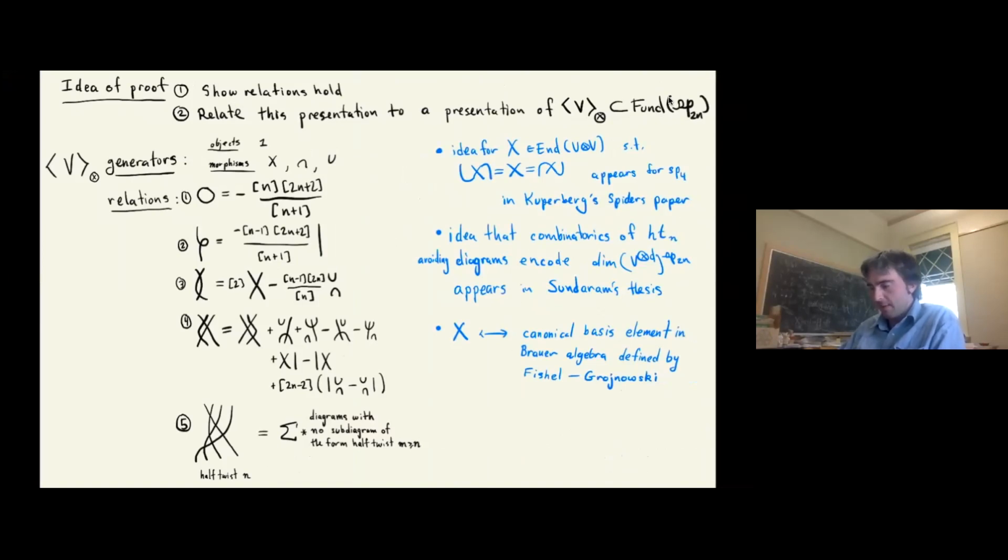The other thing is that in the BMW algebra, there's an idea from this paper of Fischl and Gronowski about a canonical basis, kind of an analog of the canonical basis for the Hecke algebra, but instead of in type A, in types B or C or D. And in the case of the ring End of V tensor V over Sp2n, this crossing map is one of the canonical basis elements.